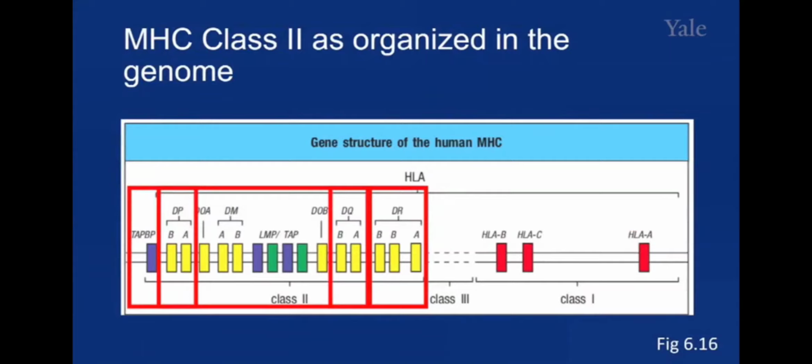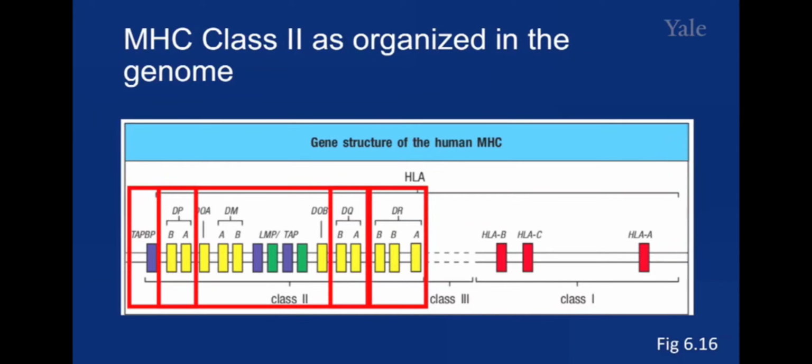But what I wanted to point out is, once again, we have 3 different loci, DP, DQ, and DR. And so these are 3 different places where we can form 3 different types of MHC class 2. Once again, each of these will have slightly different specificities, and this will allow for maximum ability to present different kinds of peptides based on biochemical differences of those peptides.